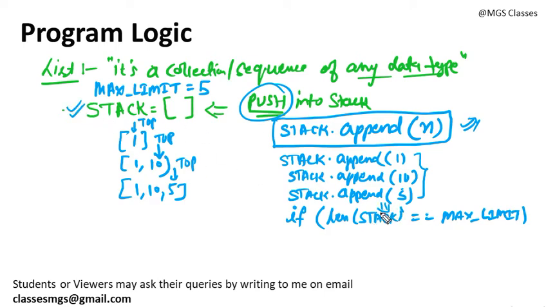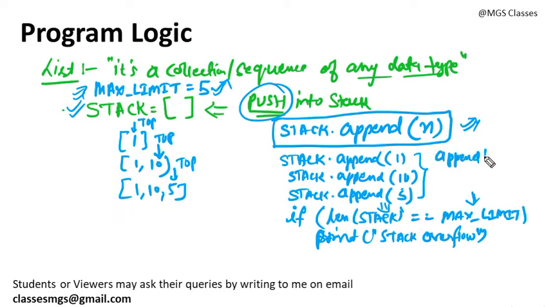So if the length of the stack is 5 and the maximum limit is also 5, then we are going to print stack overflow, because logically we are creating some limit for the stack, because stack is a special kind of data structure that has limited capacity. So we have given this limited capacity, let's suppose 5 elements. So up to 5 elements we can call this append method.